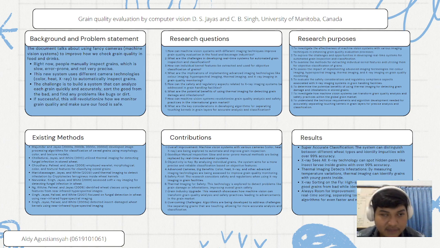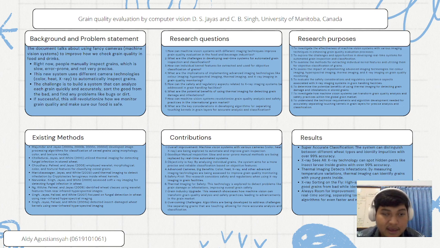Existing methods. Majumdar and Jayas developed an image processing algorithm for classification of cereal grain using morphology, color, and texture models.